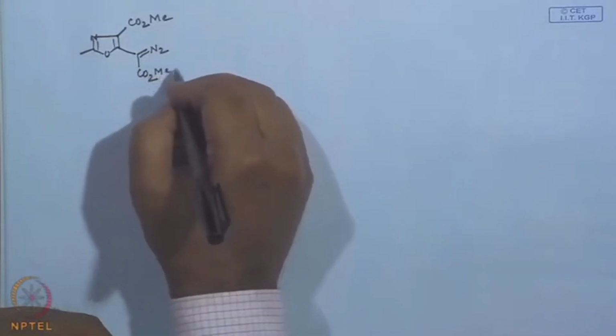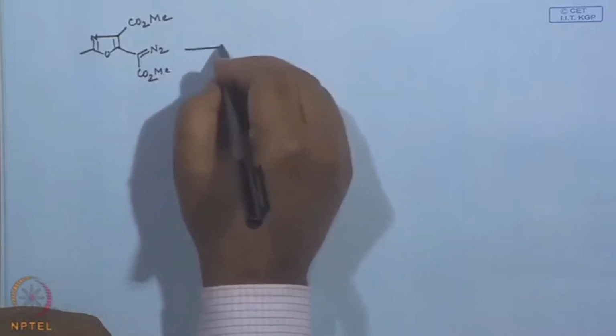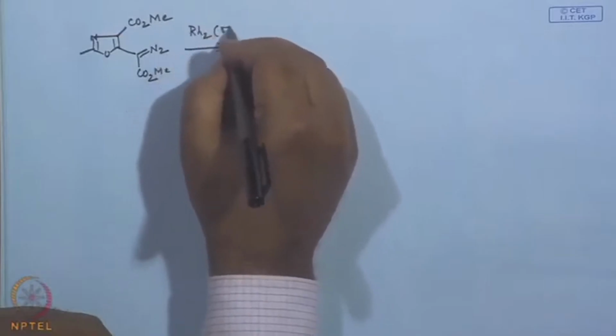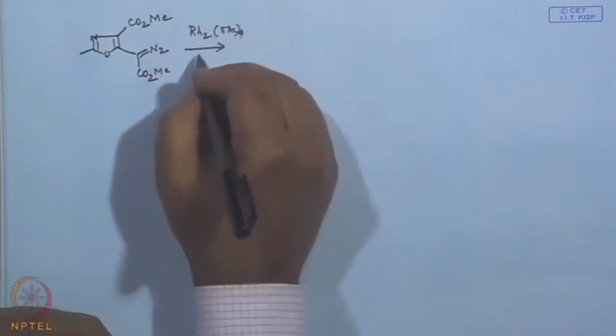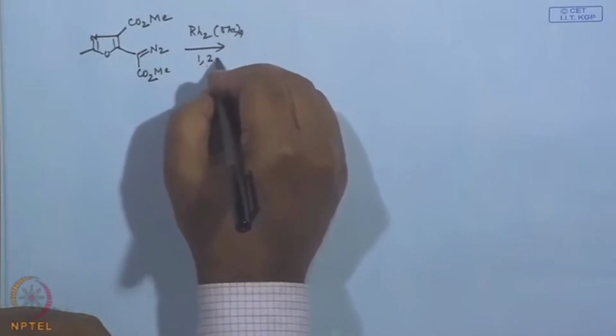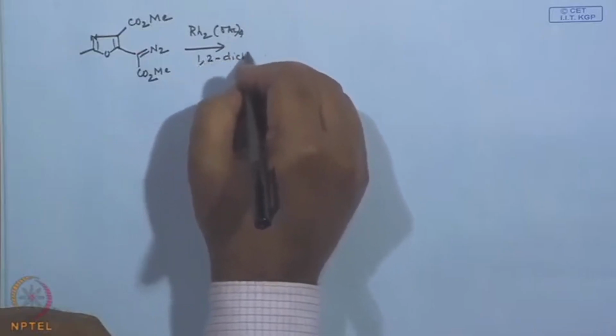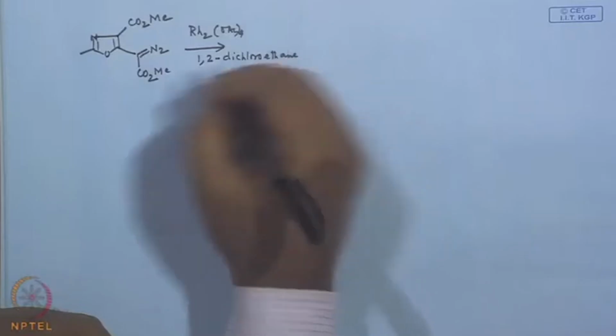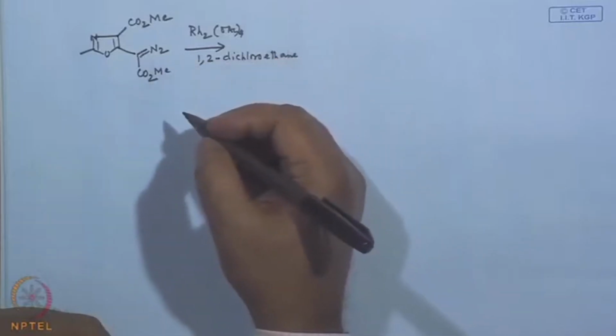Now, as usual, this dirhodium tetraacetate requires little low temperature, 1,2-dichloroethane, which has a boiling point around 80 degree centigrade.